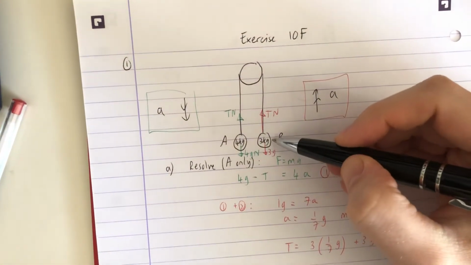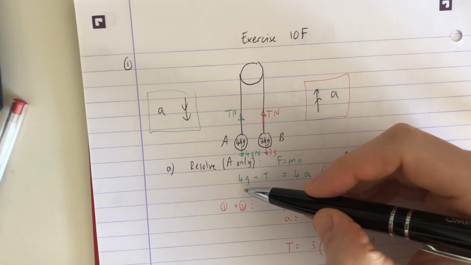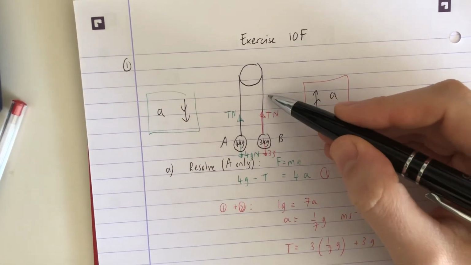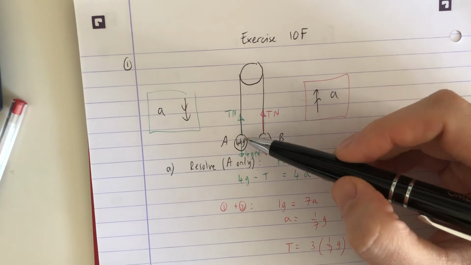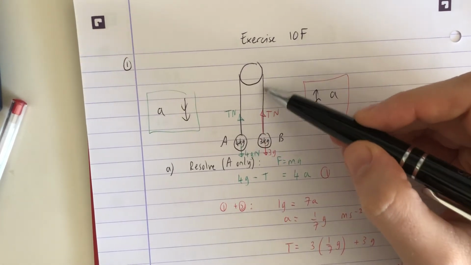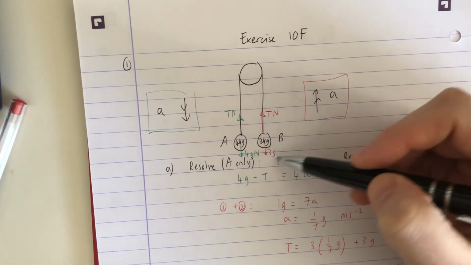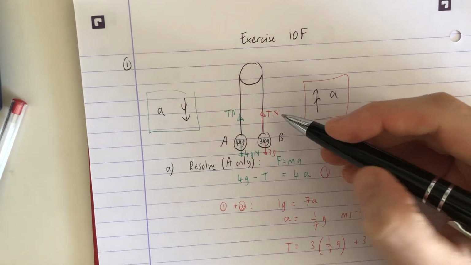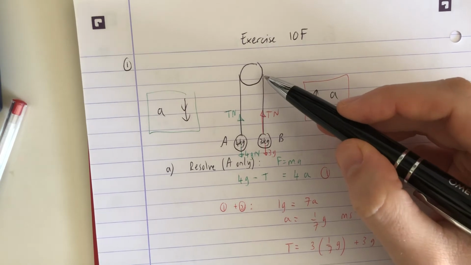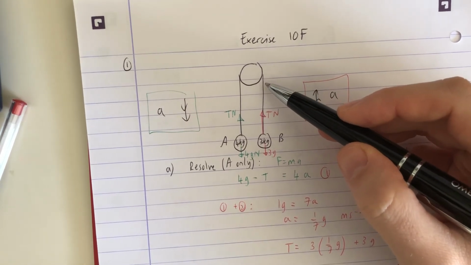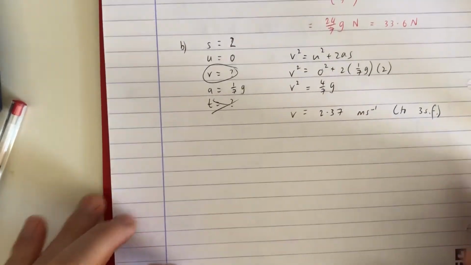So when A hits the ground with a speed of 2.37 meters per second, B gets pulled up and its speed there is 2.37 meters per second, but when particle A hits the ground, the string becomes slack, i.e. there's no tension in it, which means the only force acting on B would be its weight. So it will continue to move up, but it would decelerate due to gravity.